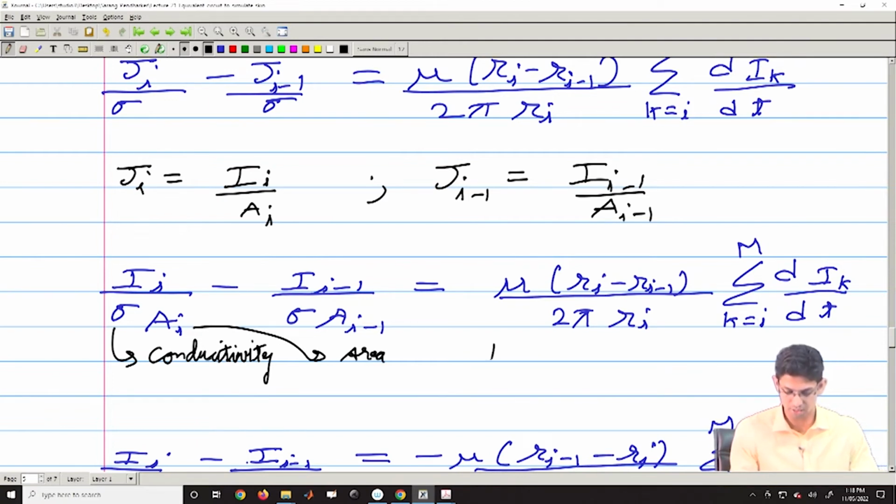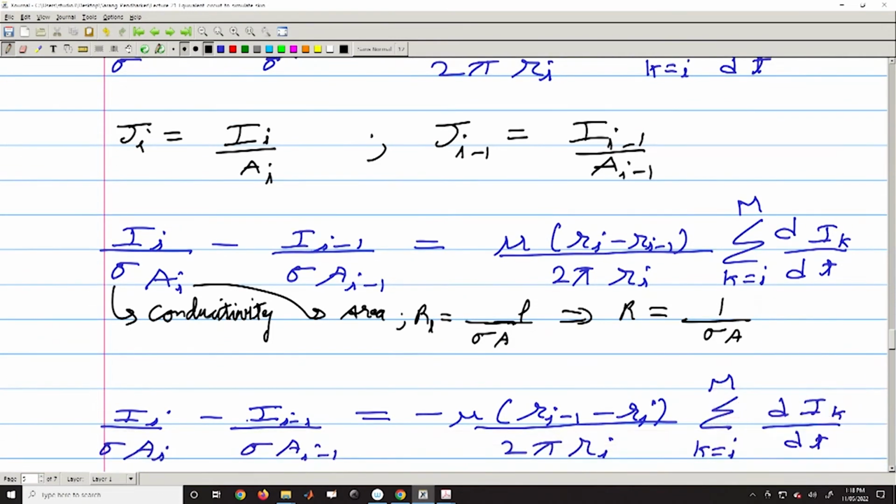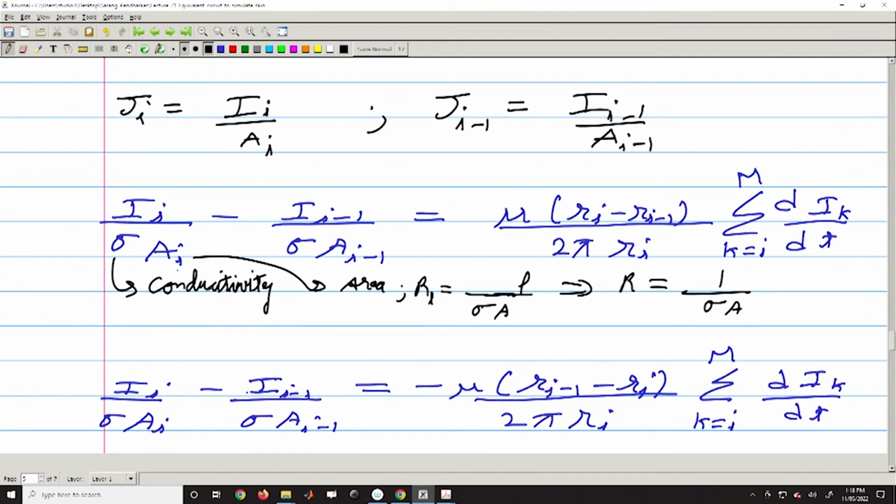So, if I look at what this is dimensionally, 1 by sigma A, you can see this is the resistance per unit length, rho. L divided by sigma A would be the resistance of a segment of length L, and if I were to write a resistance per unit length, I would have 1 by sigma A, right.